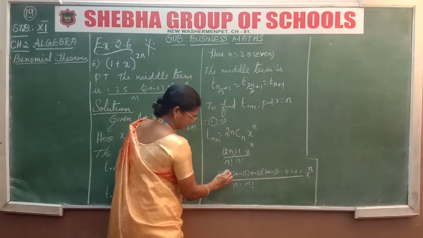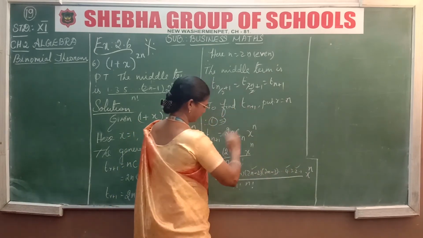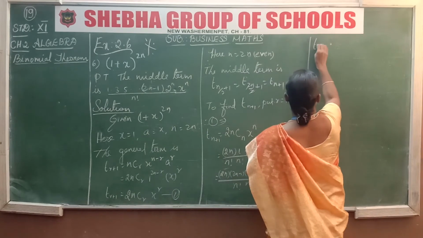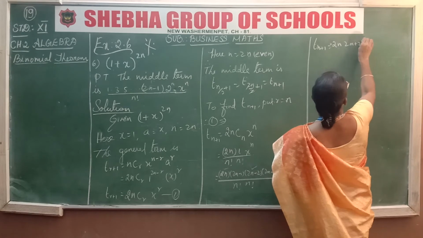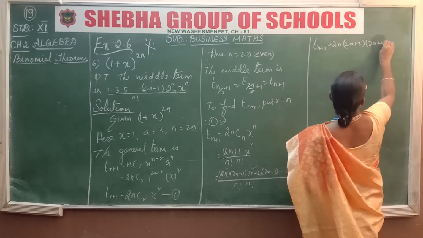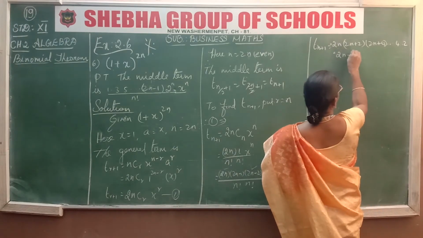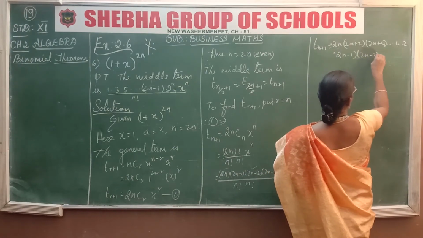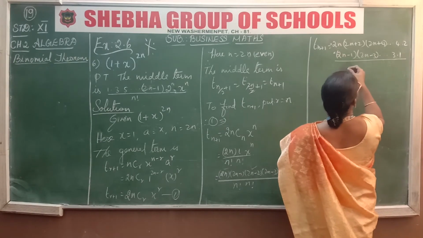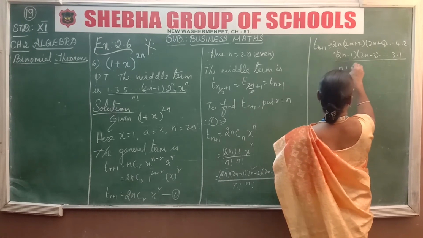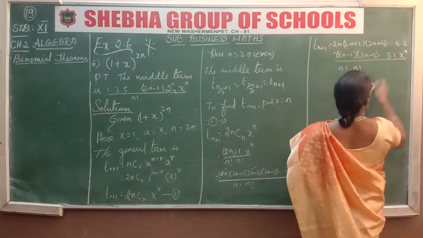Here also now separating even numbers and odd numbers. T n plus 1 is equal to 2n, 2n minus 2, 2n minus 4, etc. up to 4 into 2 into 2n minus 1, 2n minus 3, etc. up to 3 into 1 by n factorial into n factorial, into x power n also there.